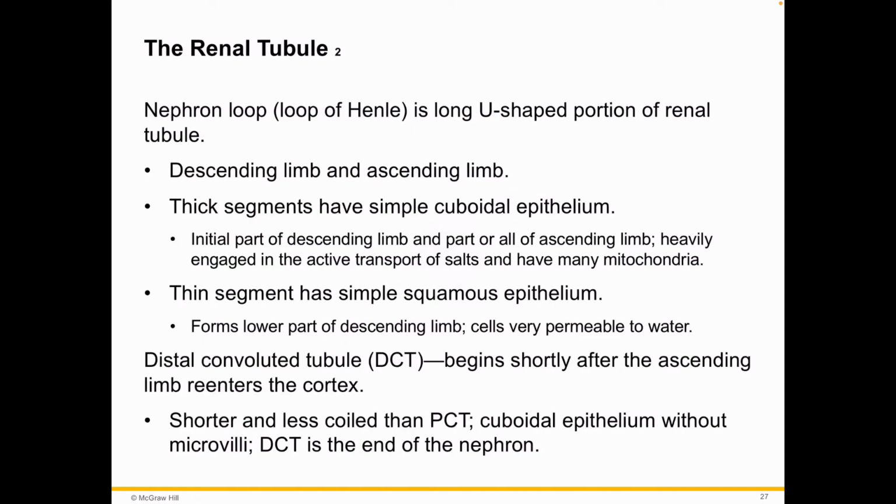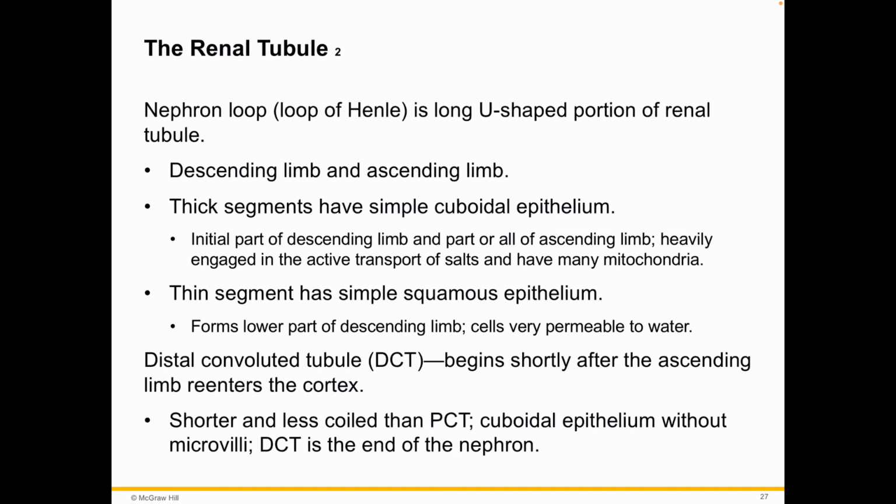The nephron loop, or the loop of Henle, is long and U-shaped, just as we saw. It ducts down into the medullary part of the kidney at each one of the pyramids. It has a descending limb and an ascending limb. The thick segments have a cuboidal epithelium, hence why they are thick. These are going to be moving items in and out, especially since we have to pump salts in and out.